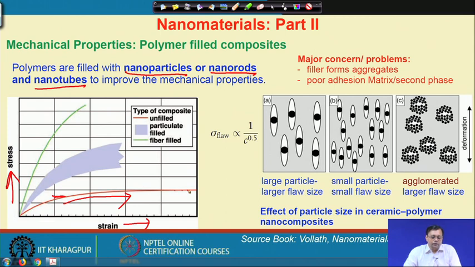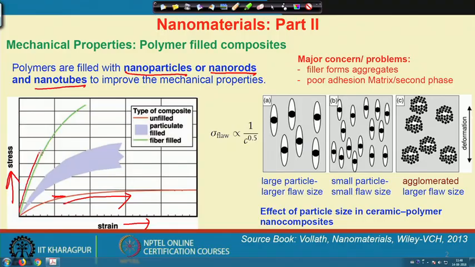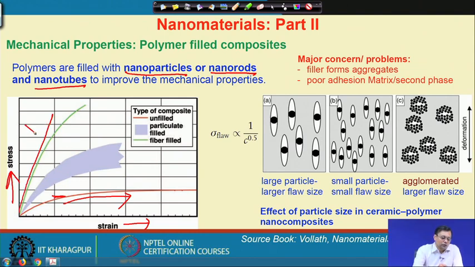However, if you incorporate a fiber inside a polymer matrix, then both the stiffness, meaning Young's modulus, and the strength will be improved. However, we have to compromise with some plastic strain. On the other hand, in case of particulate filled composite, nanocomposite, we may expect a relatively large scatter of data.